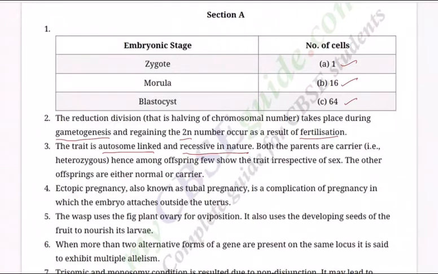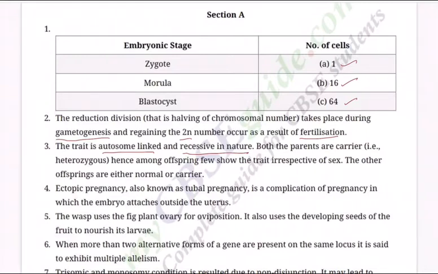Hence, among offspring, few show it. There are in fact 3 plus 2, 5 offspring. Out of the 5, only 3 are showing, and irrespective of the sex, both male as well as female are having this problem. So the other offspring are either normal or carrier. If among the offspring some are suffering, some are carriers and some are healthy, then it is autosomal recessive.